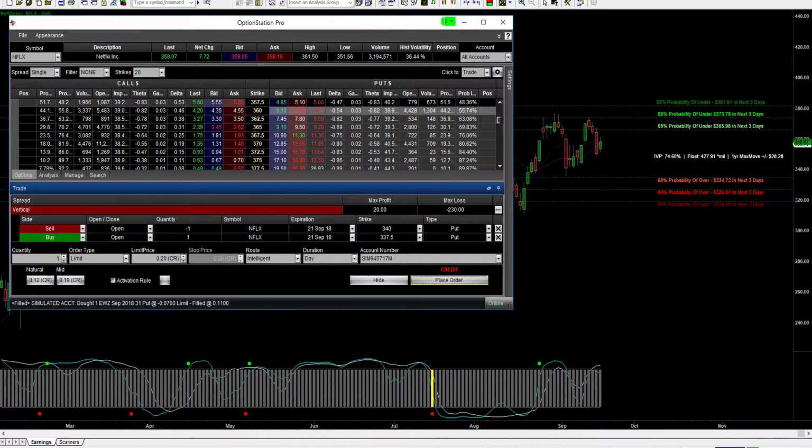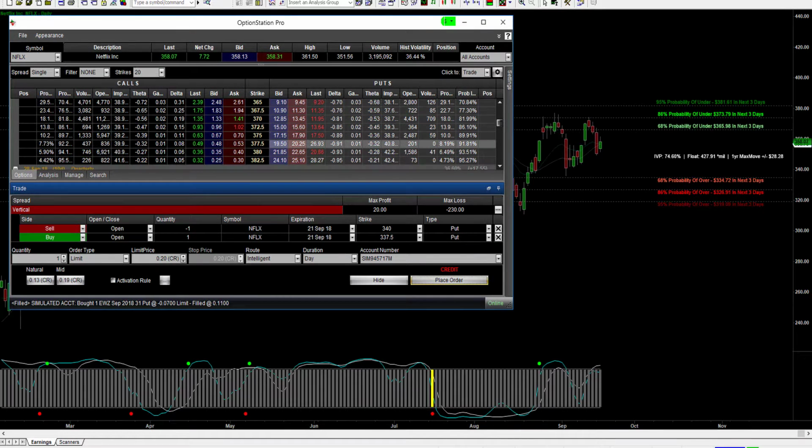So we'll come down to the top side, and for the top side we'll be looking to do around a 380 to 382.5. So we'll take a look at those premiums, and that's about a $5 credit. When I was looking at it earlier, it's slightly higher. We'll go down a little bit and see what we can get with around 80% probability of out the money.